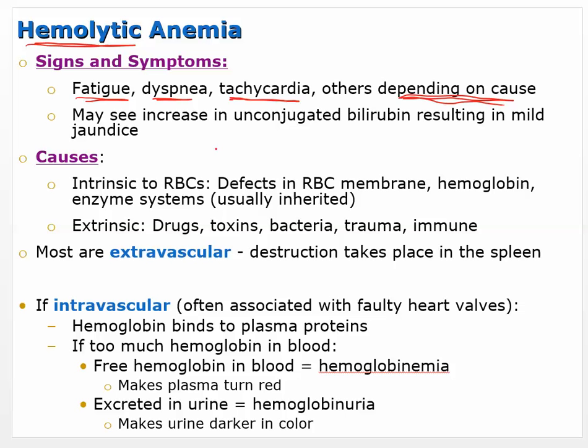So we'll talk about several of these and see where some of these signs and symptoms change. So you may see an increase in unconjugated bilirubin because you're breaking blood cells. And so the heme groups are going to be released. You may see more bilirubin, and that could also cause a mild jaundice. Okay, it's usually mild.